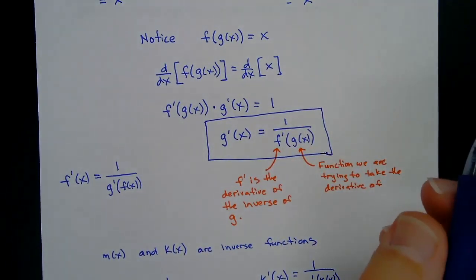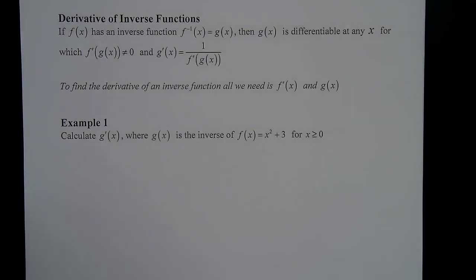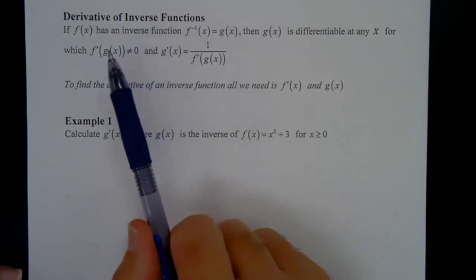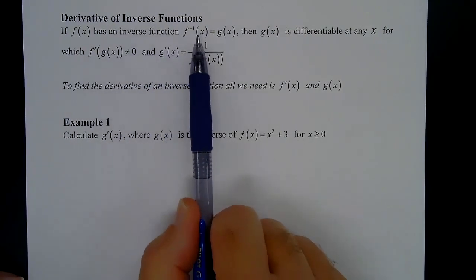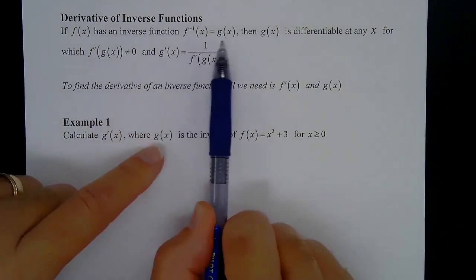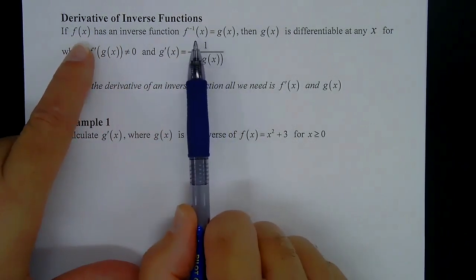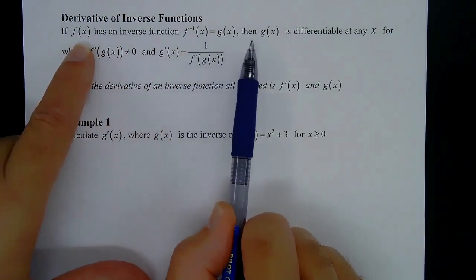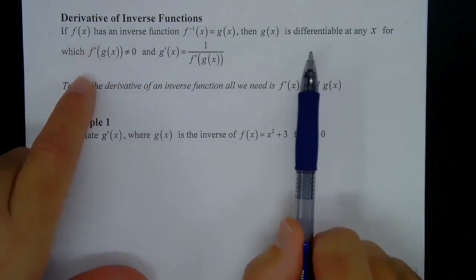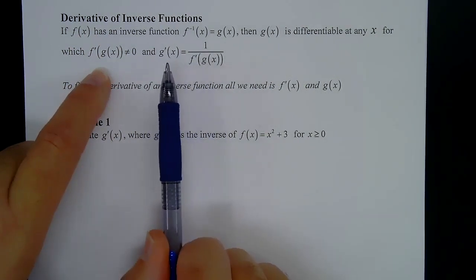All right. Let's go to the next one. So the derivative of any two inverse functions: f of x has an inverse function and we call it f inverse of x and we're calling it g of x. So this statement, you're going to see this on some problems on the AP exam. This is telling you we're calling the f inverse function g, and g of x is differentiable at any x, and this denominator is not 0, then this would be the derivative.